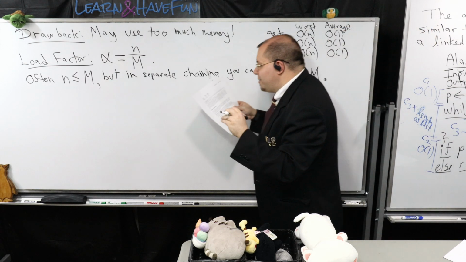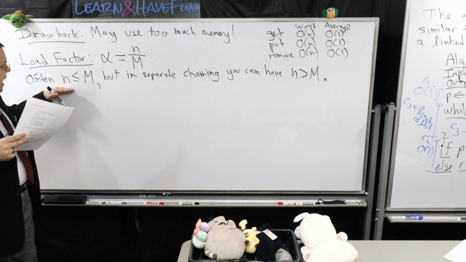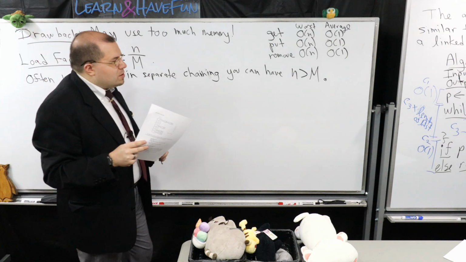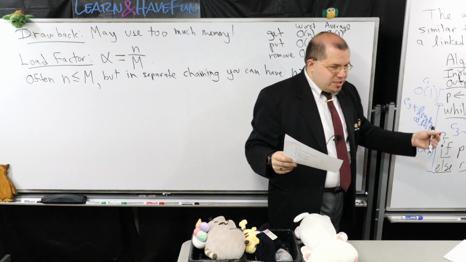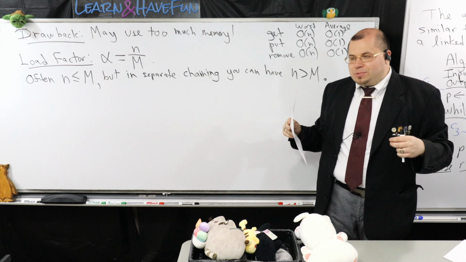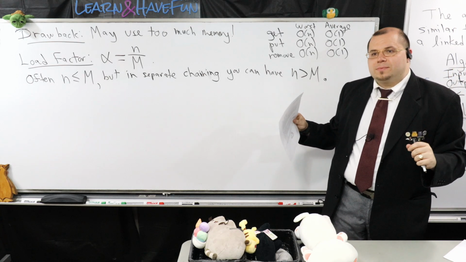So I want to give you just a quick little intuition with this thing. If N is less than or equal to M, the whole idea is that if it uniformly spreads across the hash table with our uniformity assumption, on average you'd expect it takes constant time to do this.